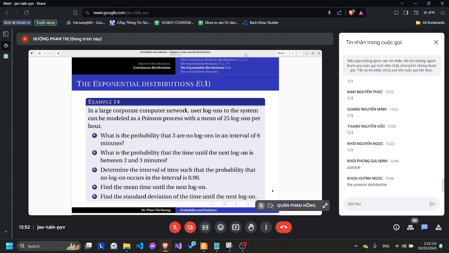Five minutes for you. Sorry, this is a mistake. What is the probability that there are no log-ons in the interval of 6 minutes? Exercise, 5 minutes for you. Then please show me your answer in the chat box.